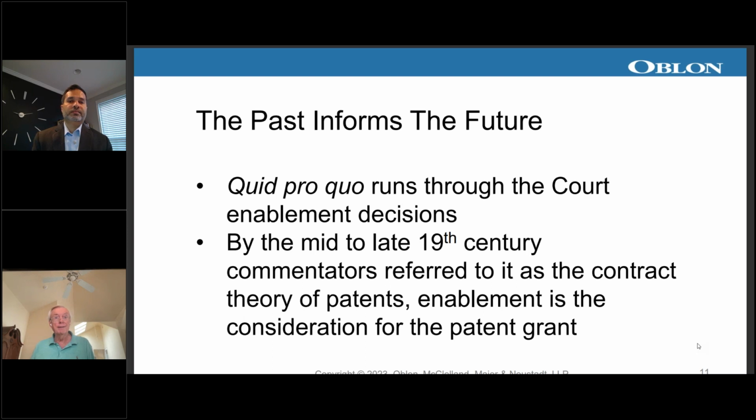In other words, the patent had to enable the practice of the invention by one of ordinary skill in the art, as we'd say it today, as a consideration for the grant of the patent. And if it failed to do that, you had a failure of consideration under contract law, and the contract was void. So when you're talking about enablement, that's the whole underpinning policy behind it.